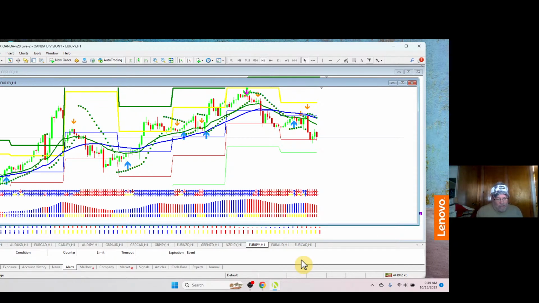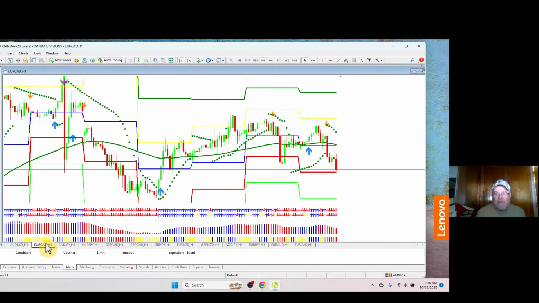Pound yen. See, all these, the New York session is now open. Let's see. Euro CAD I think was in. It's trying to push down, which is kind of what you want. Back down into here. That could happen today.